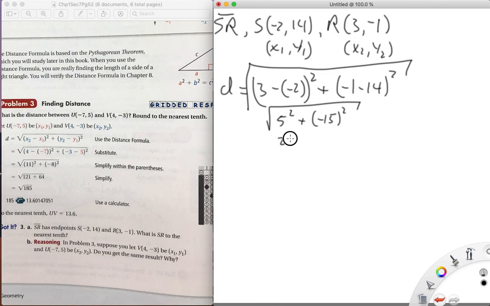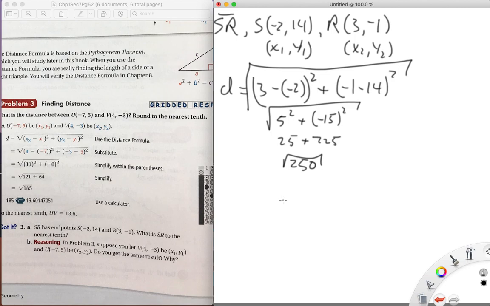That gives me 25 plus 225, which gives me 250. I get the square root.